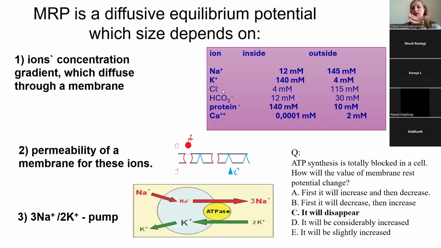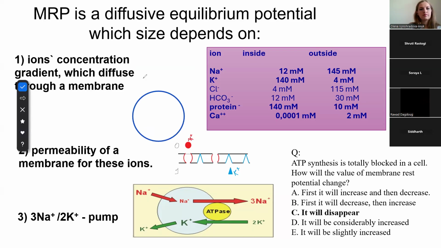But when we are talking about the creation of MRP, we are talking about three main factors. First, the ion concentration gradient. Again, I remind you that outside of our cell we have high concentration of which ion?